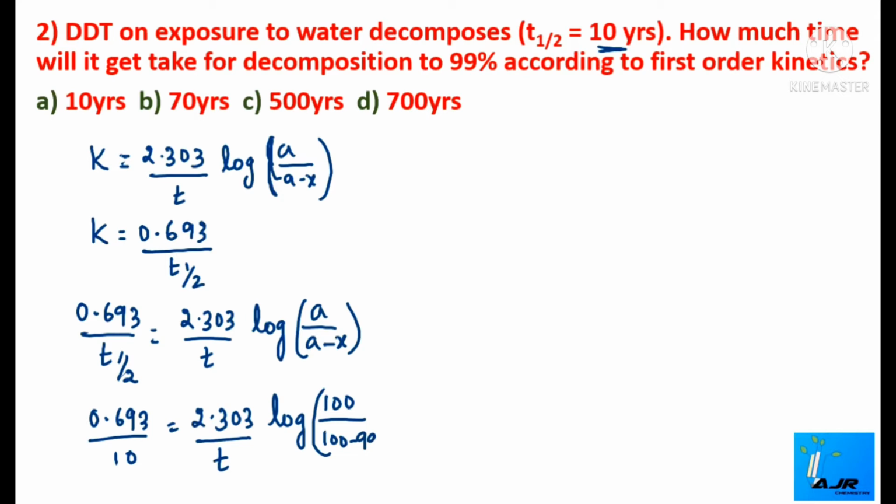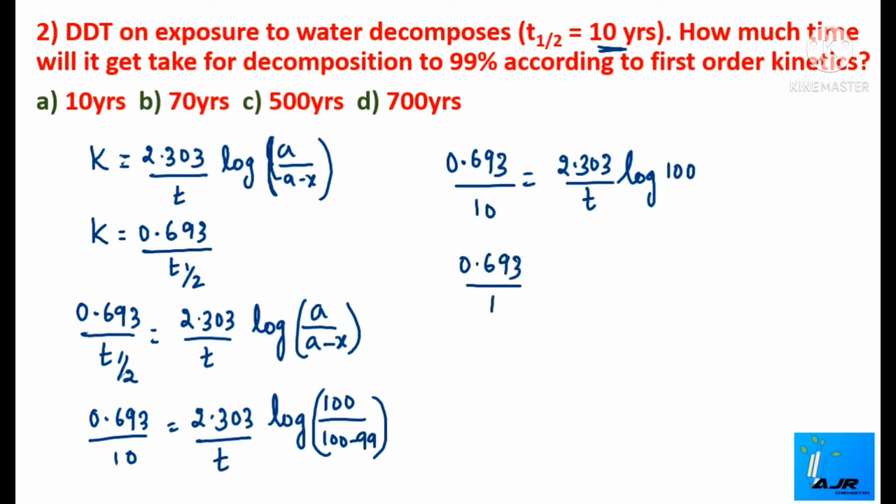So now simplify this, 0.693 divided by 10 is equal to 2.303 by T log, see here what happens, 100 minus 99, it's 1, is it not? So 100 by 1 is equal to 100. So log 100. So what is log 100? It is 2. So 0.693 by 10 is equal to 2.303 by T times 2, since log 100 is 2 now.